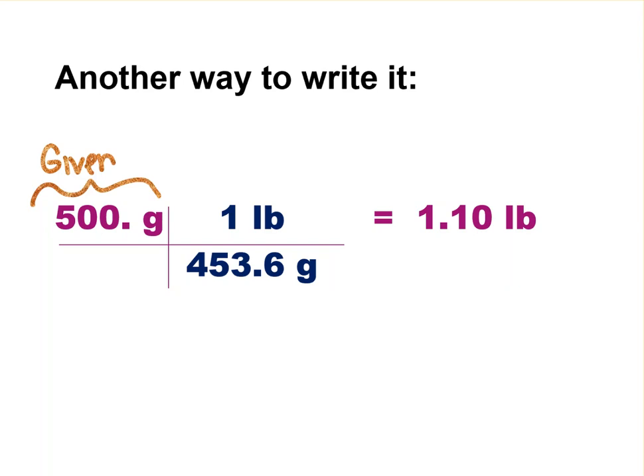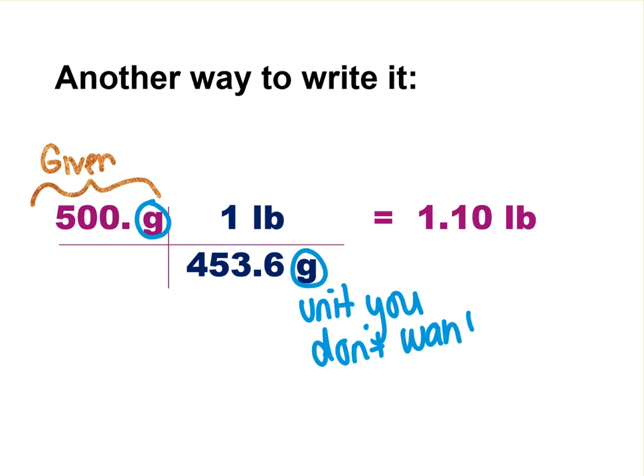And then whatever unit we're trying to get rid of goes down here. So there's always this diagonal pattern so that they'll cancel. So this is the unit. And then the unit that we want goes up here.